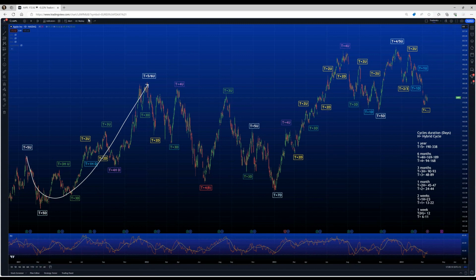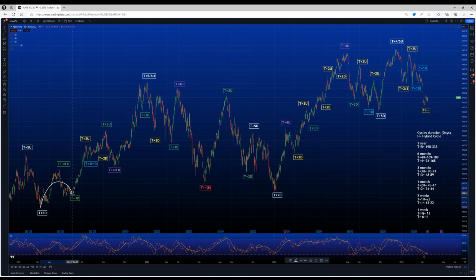Another important thing to mention is how many days we need to identify whether a supposed or unexpected cycle is in development. So let's take, for example, again, this downward 3-month cycle.